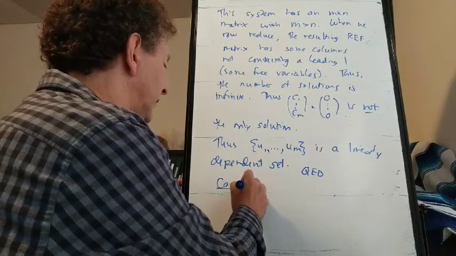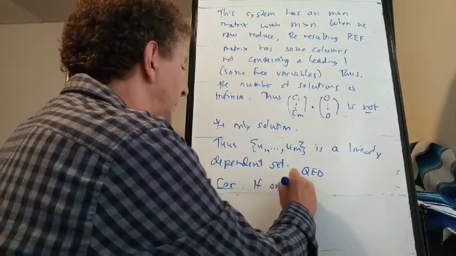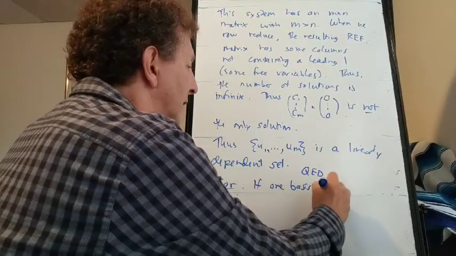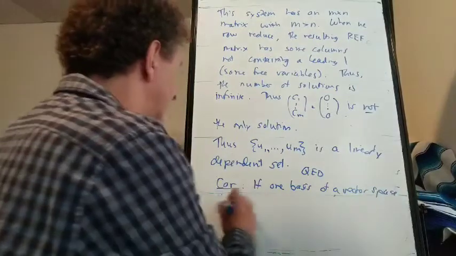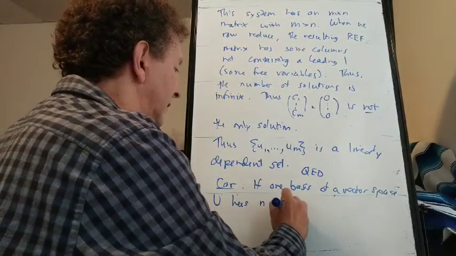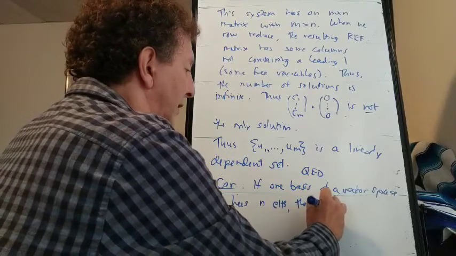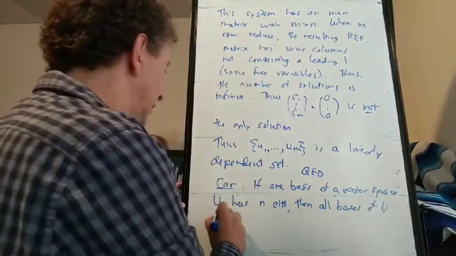So a consequence of this, or a corollary, is that if one basis of a vector space V has n elements, then all bases of V have n elements.